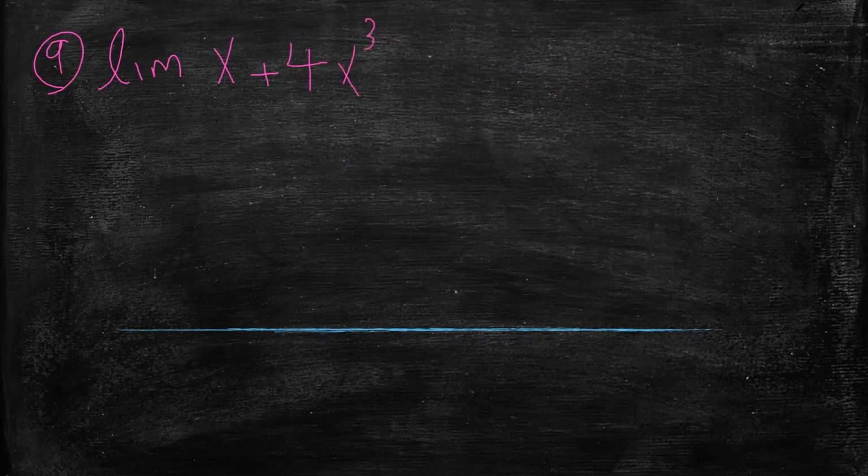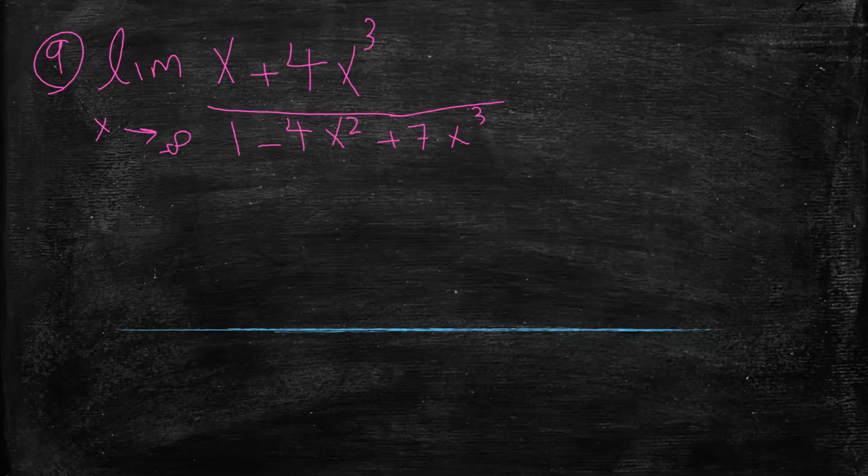Now, Lana, I want you to solve number 9. In number 9 here we have limit x plus 4x cubed over 1 minus 4x squared plus 7x cubed when x approaches negative infinity.